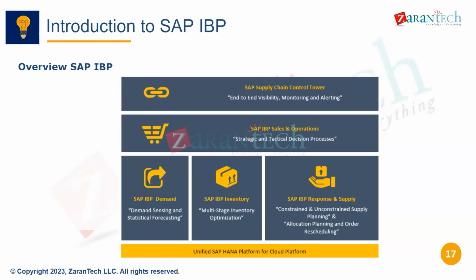Versus that, the SAP IBP system has a single operating plan, which is finalized in demand planning. The same plan is moved to inventory management and to the supply planning process. So at any point in time, if management wants to see the operating plan, they would see the same plan being used by all the various functions. This is also a distinct advantage of SAP IBP over other SAP systems.